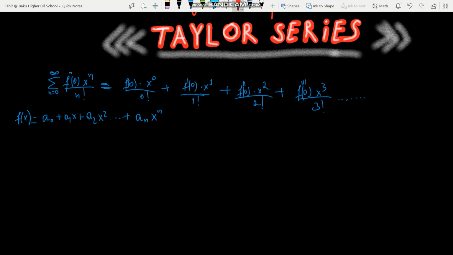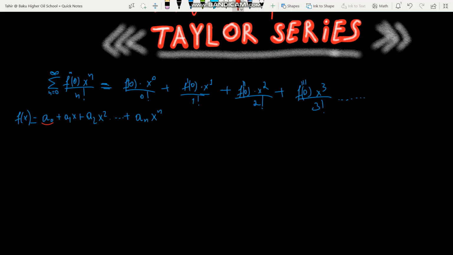Here we should replace these terms, to prove this theorem, in terms of the derivatives of the function at point 0.